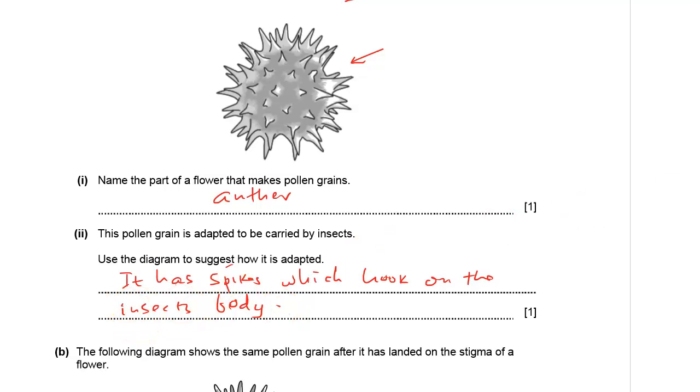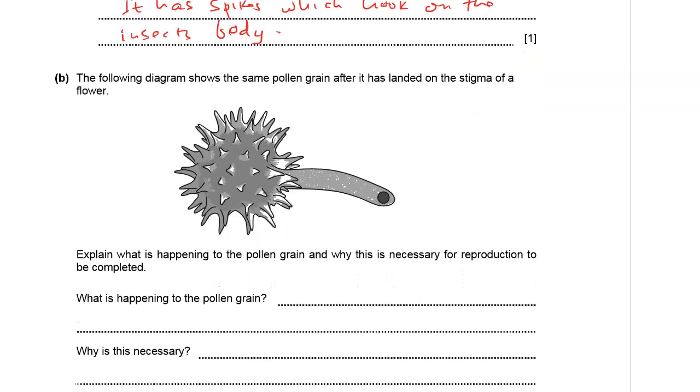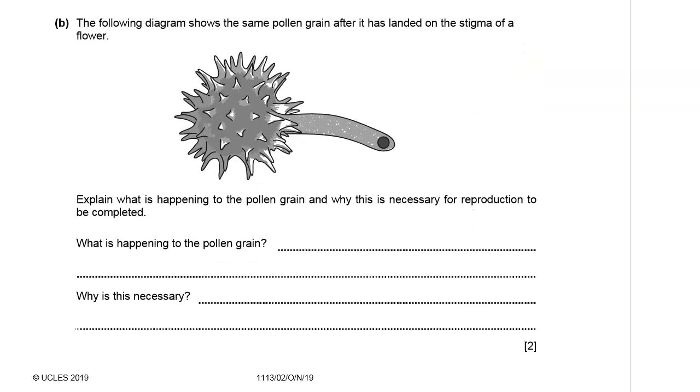So when they hook on the insect's body, as the insect flies to another flower, it carries the pollen grains. And of course, when it goes to the other flower, they are transmitted to the female organ of the other flower. I hope you know the name of the female organ of the flower.